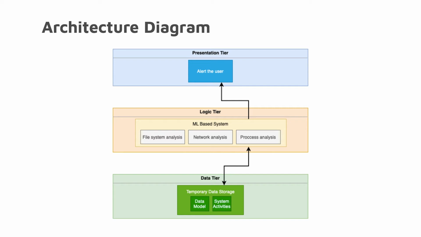The presentation tier is the UI that alerts the user about detected attacks. The logic tier is the machine learning based system that analyzes and detects the attack, and the data tier is the temporary data storage that stores the captured events.